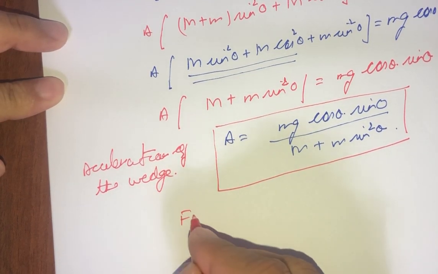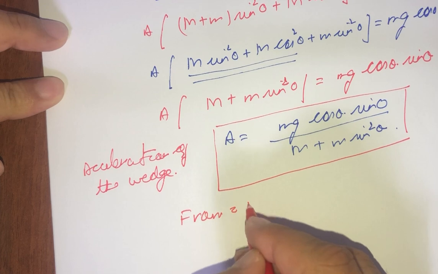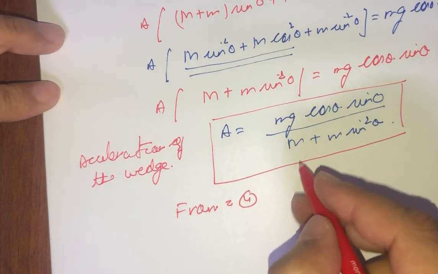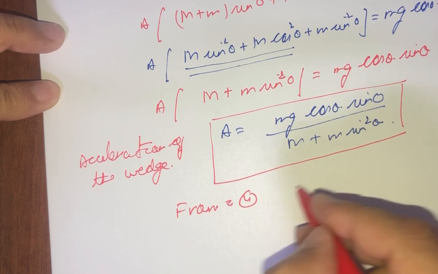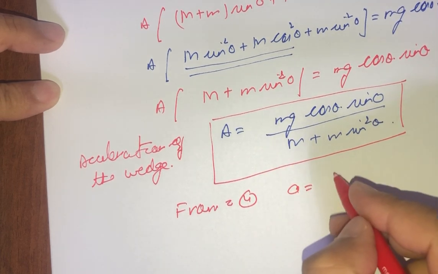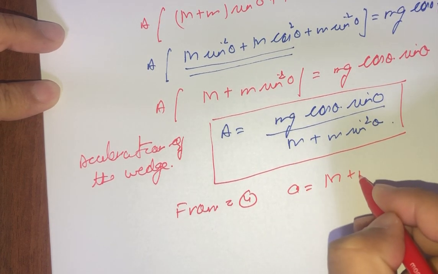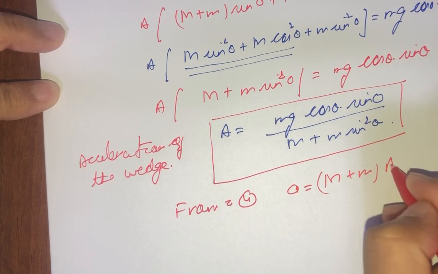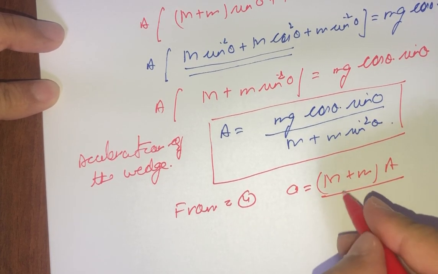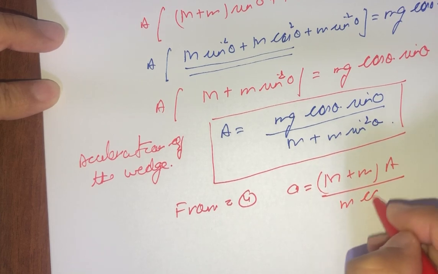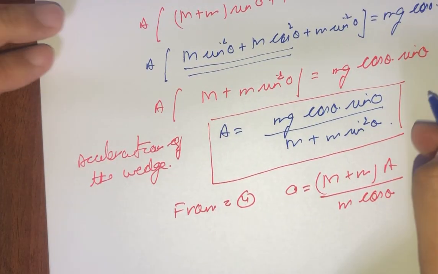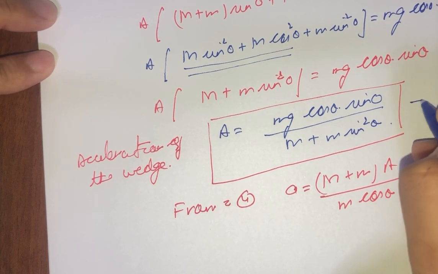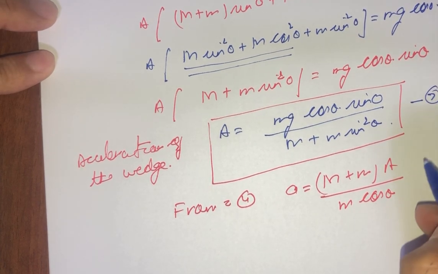So we can say from equation 4 we get a is equal to capital M plus small m into A divided by m cos of theta, putting the value of A. Okay, let us call this as equation number 7 and this as equation number 8.